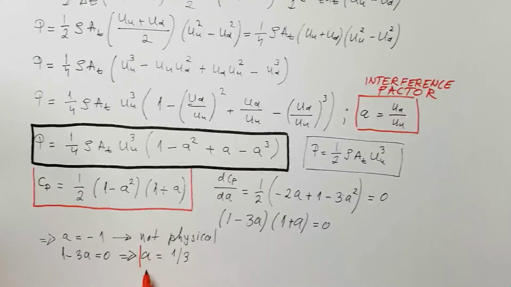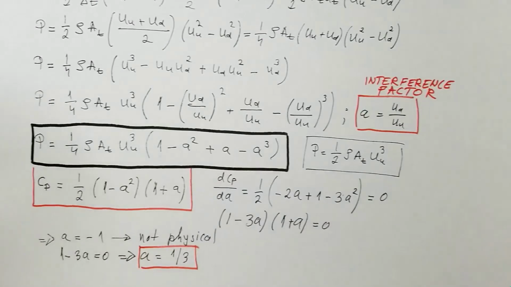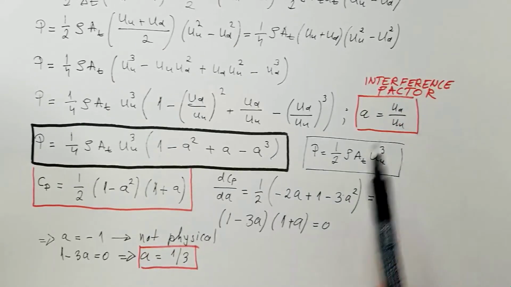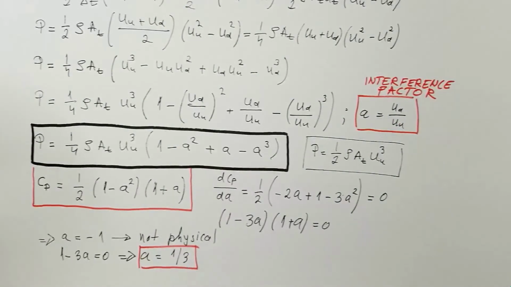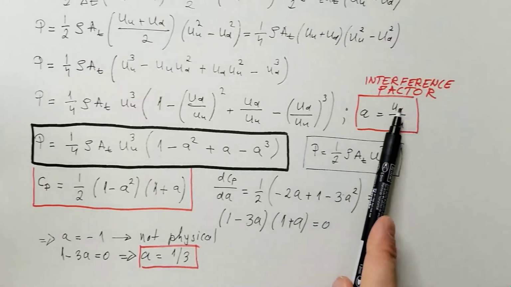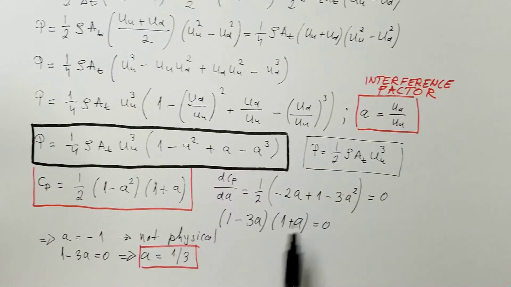This is the backbone of our analysis now, that tells us the turbine is most efficient when the downstream wind speed is 1/3 of the upstream wind speed. One more time. A wind turbine is most efficient if the downstream wind speed is 1/3 of the upstream wind speed.